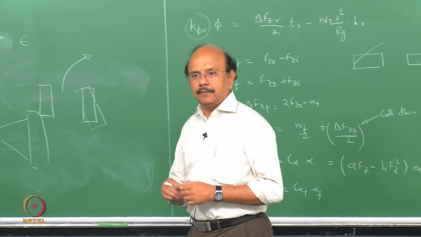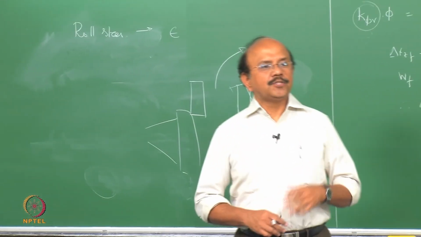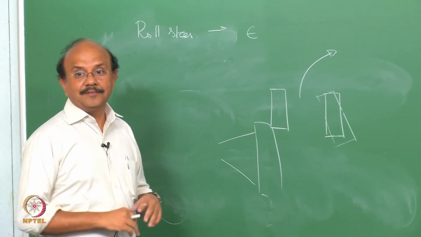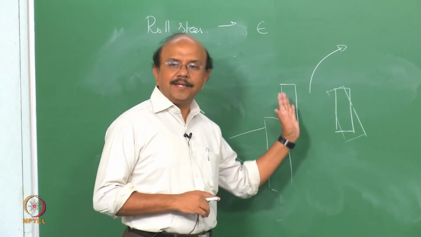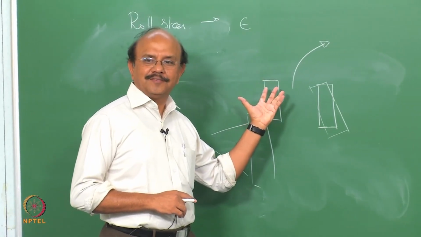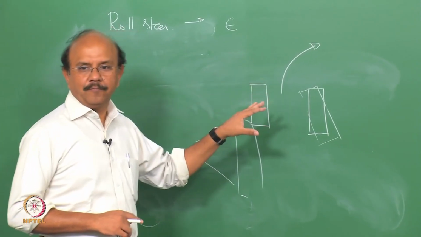Okay? Clear? No? Yeah. So now look at this very carefully. When I take a turn to the right, the roll is to the left. Vice versa.